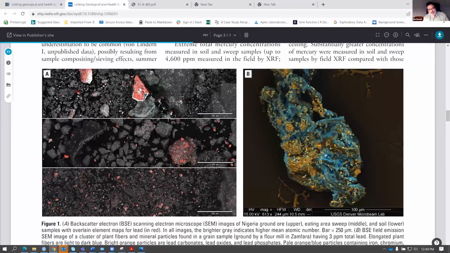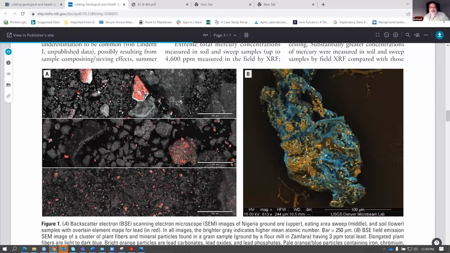So the idea behind incremental sampling designs is that you're trying to get enough mass of sample to where you've got sort of a census of all these different types of particles that could be out there, and then analyze that, process that, and reduce that to a level that you can analyze with a laboratory machine and get that true average.